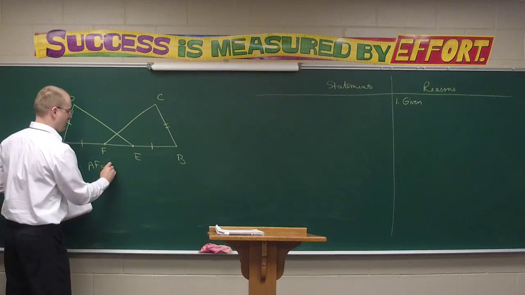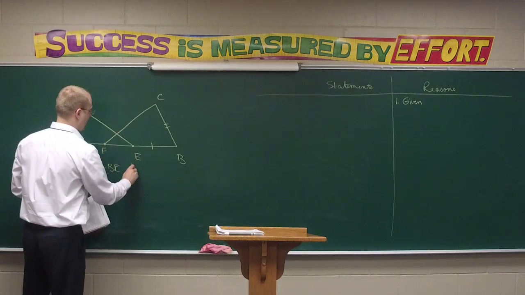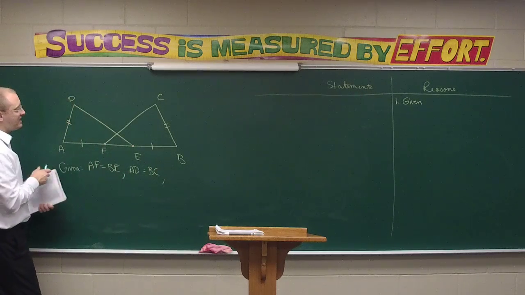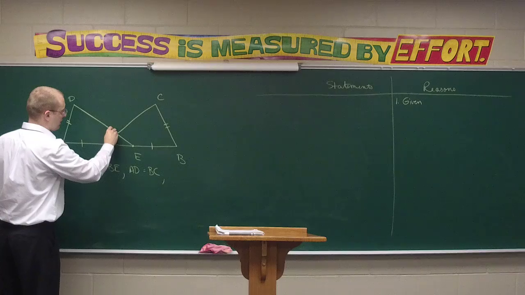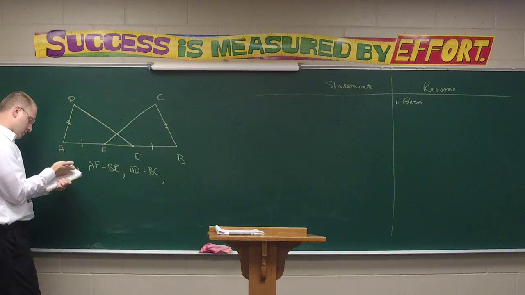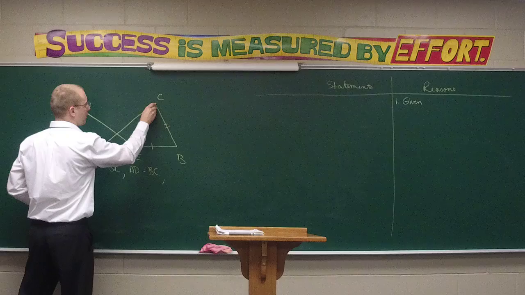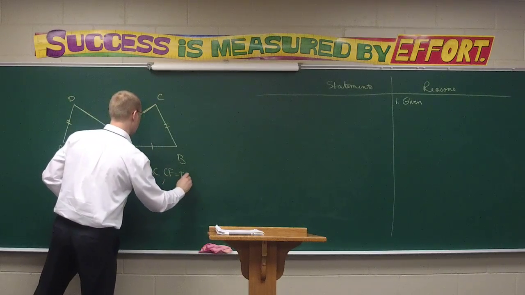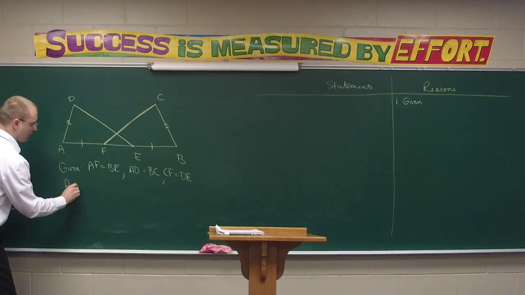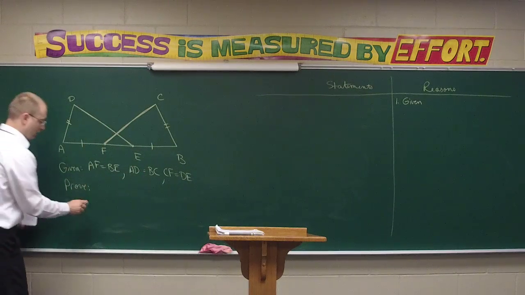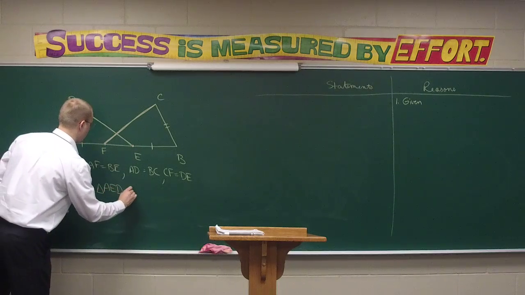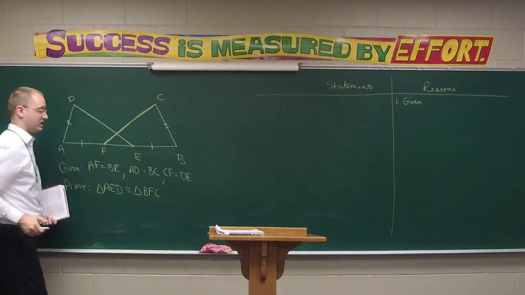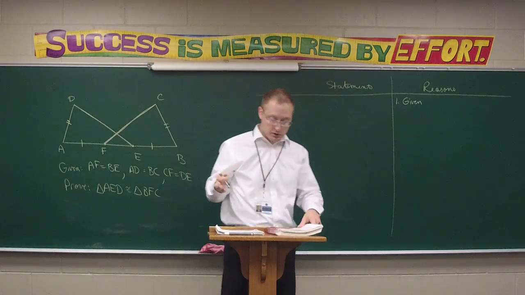If AF and BE are equal, if AD and BC are equal, and one more, if DE, this whole line, equals CF, this whole line, then prove that triangle AED is congruent to triangle BFC.